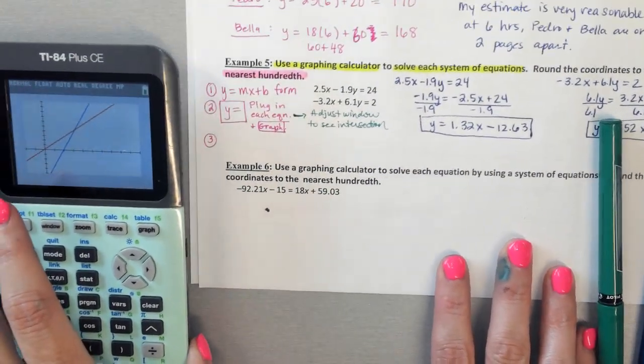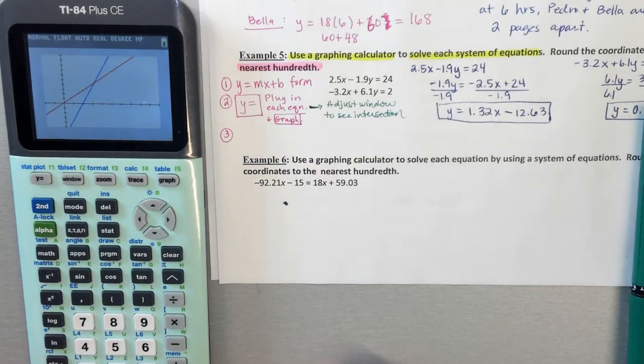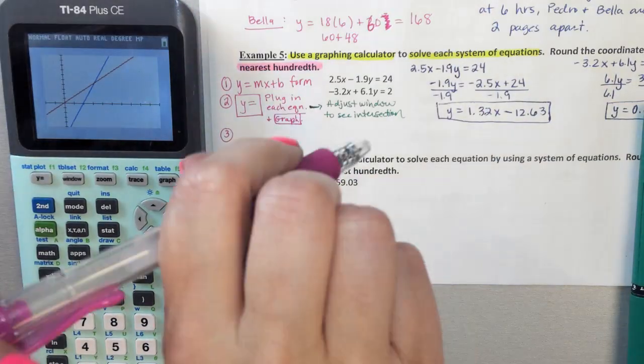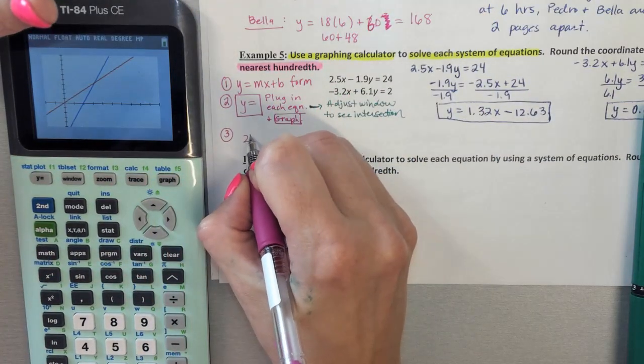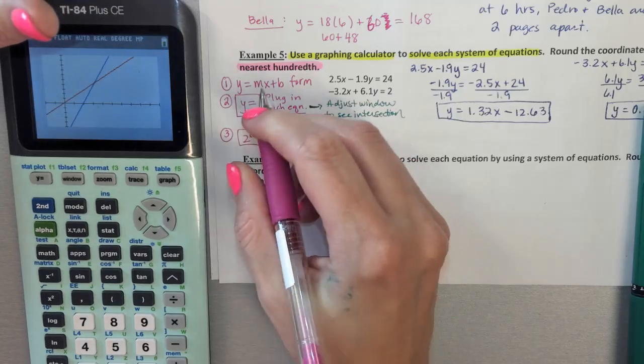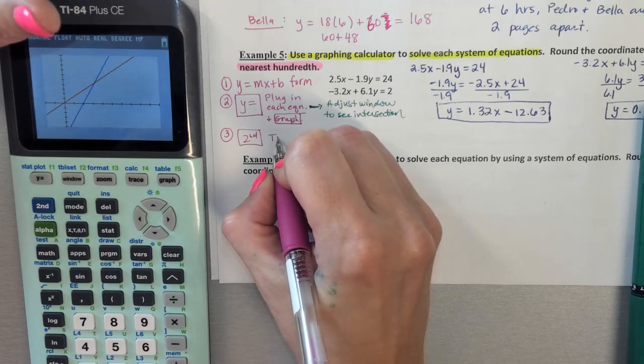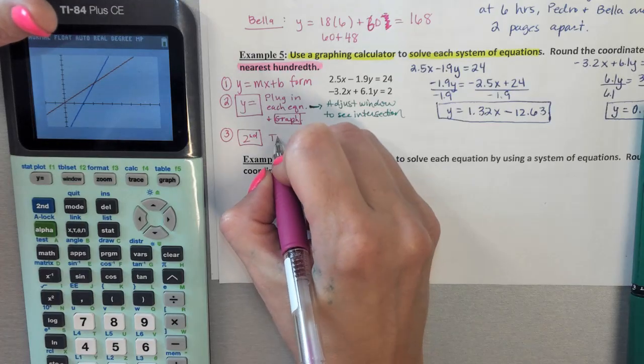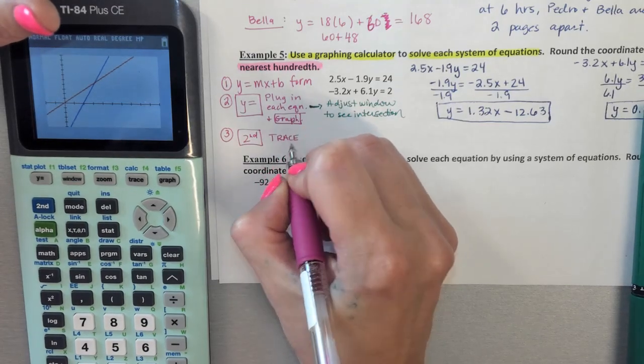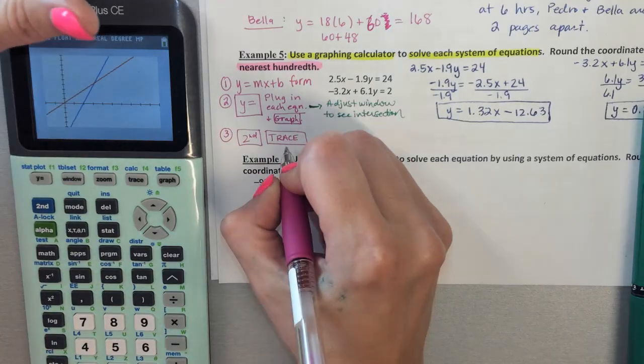And then once you do that, to find the solution, we are going to hit the following keys. I'm going to put them in button form. You are going to hit the second button, and you are going to hit the trace button. They used to be all capitals, and now they're all lowercase, so that's why I write it like that.